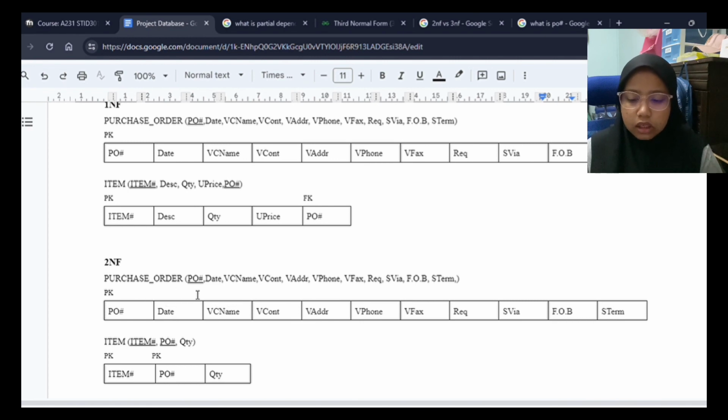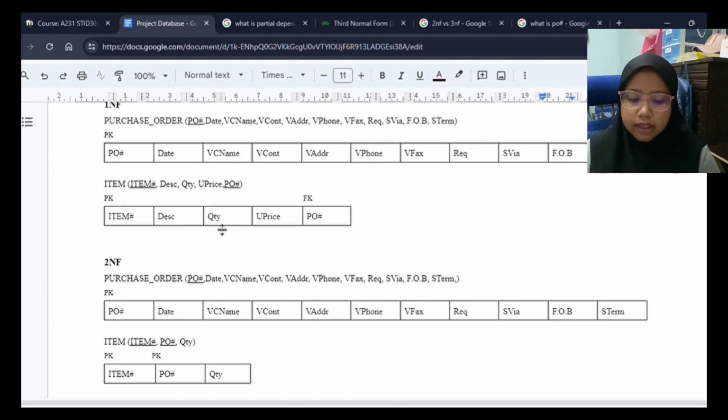For the second normal form, we remove the partial dependency. The purchase order table remains the same since there is no partial dependency, but we focus on the item table because there is a partial dependency relation. The item table has two primary keys, which are item number and PO number. All of the non-key attributes must depend on both.